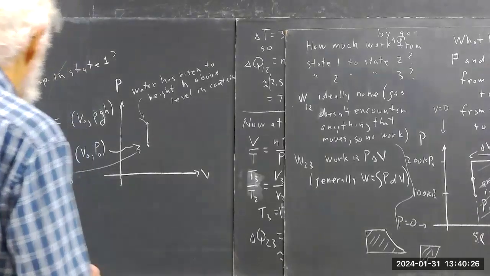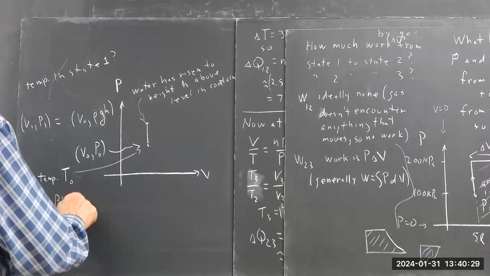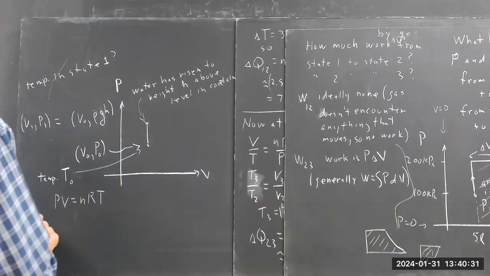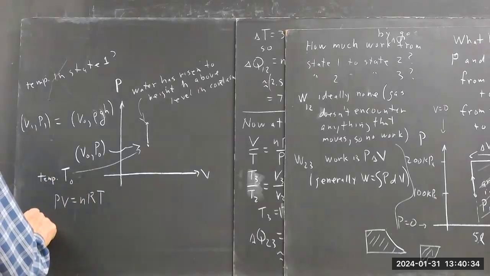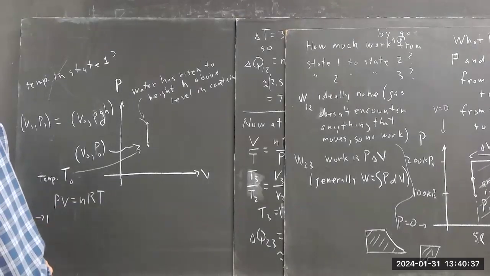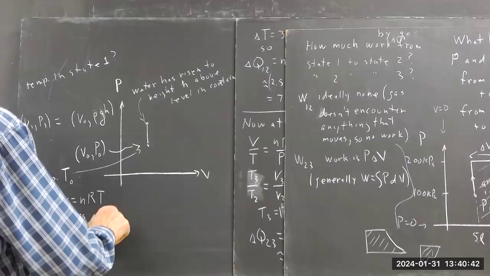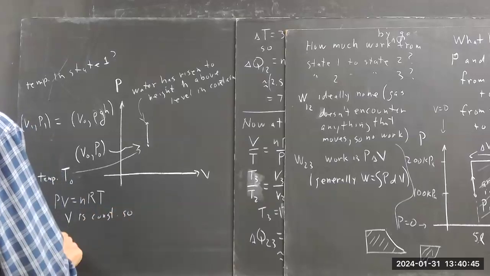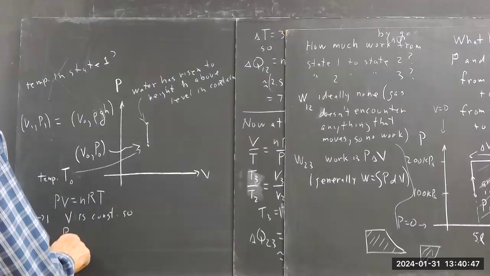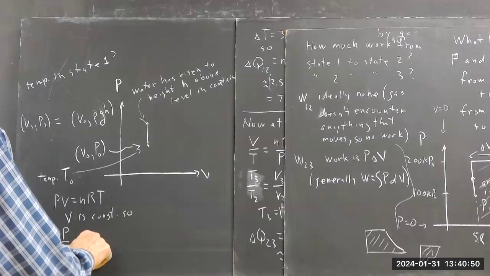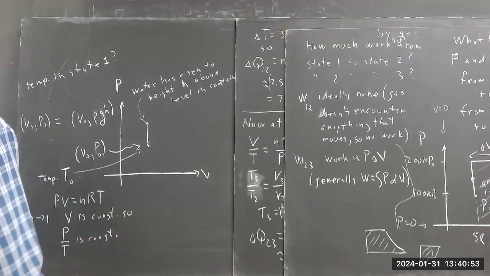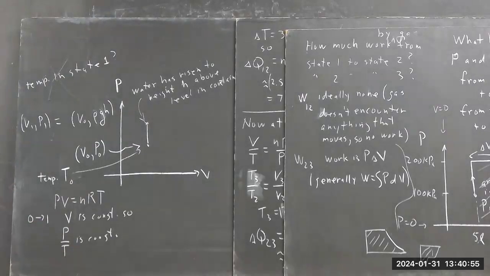We know that from state 0 to 1, volume's constant, P over T is constant, right? You want to use that kind of reason. You use that again and again here. Well, P over T is constant.